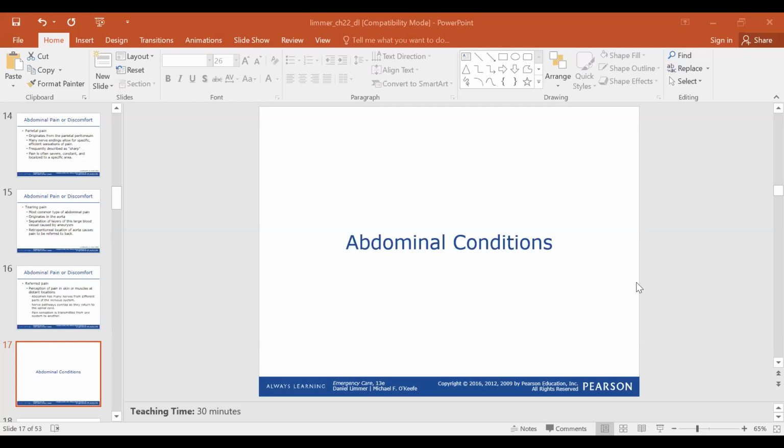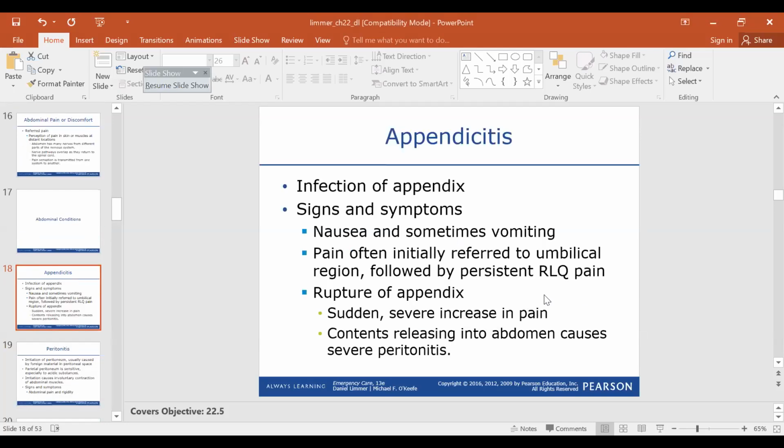I think we're about halfway with this chapter. All right, infections of the appendix. It's going to be on the right lower quadrant because that's where your appendix is actually found.